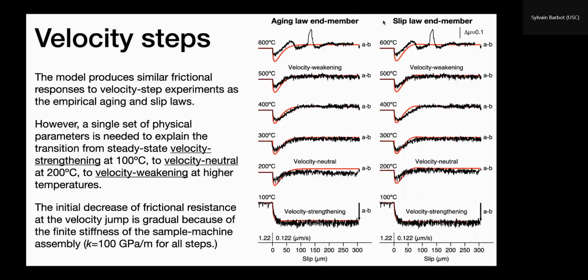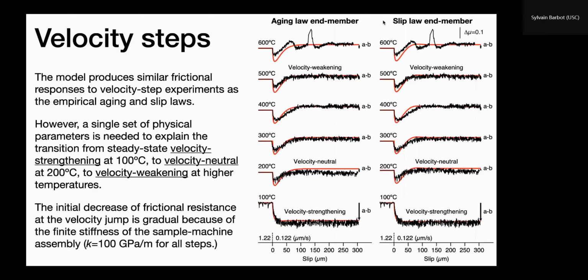You could fit this data, of course you can, with an empirical friction law, but you would have to change the constitutive parameters for every single experiment. Here, it's a single set of material properties that explain all of the curves, okay, all at once.